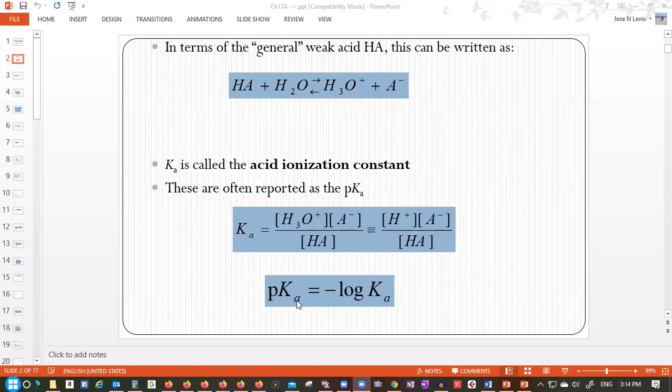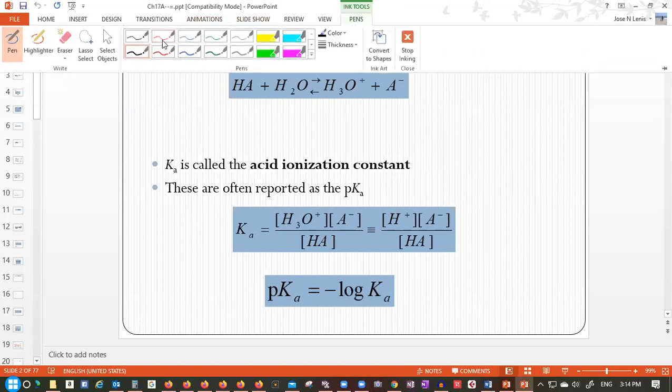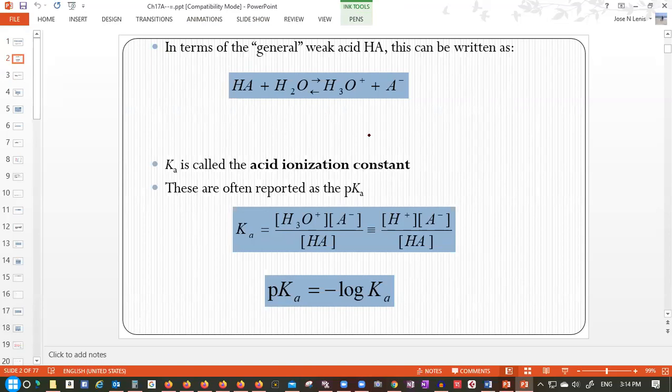Remember, I told you last time when we were mentioning the pH, that the pH concept can be applied on different situations to produce a logarithmic relationship, a logarithmic scale.